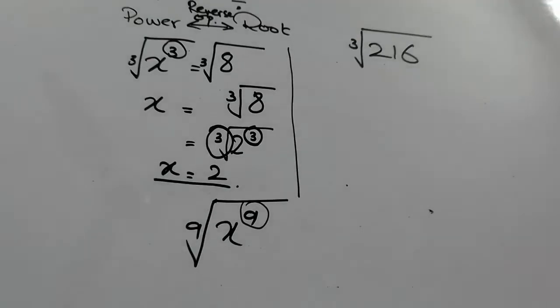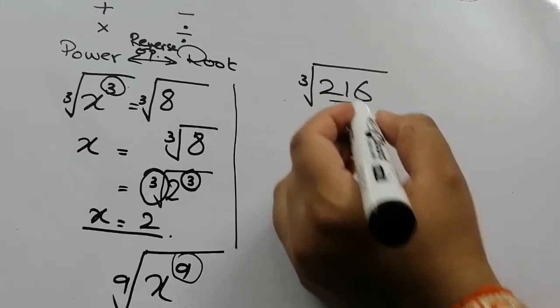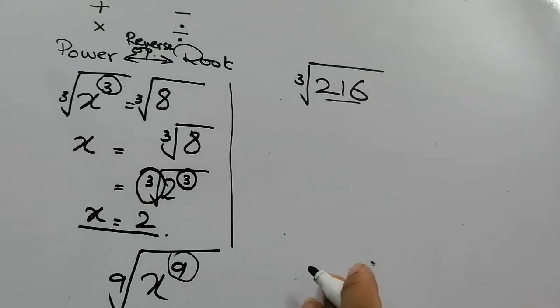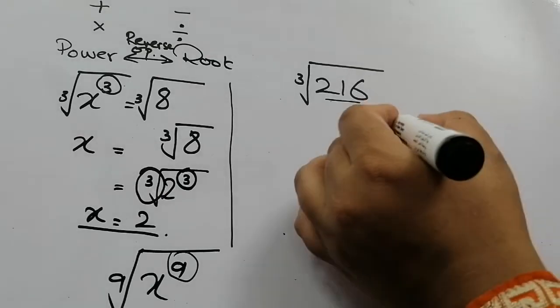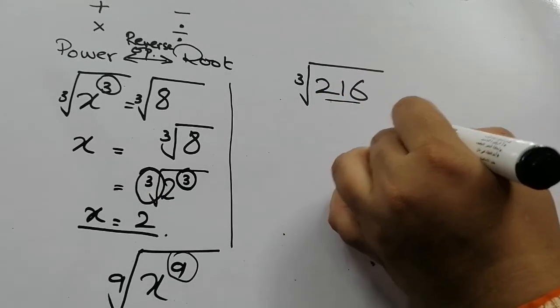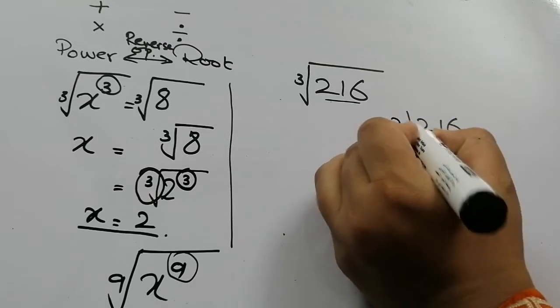So let's solve this cube root of 216. To solve it, first I need to write 216 in the form of a cube number. For that, if I don't recall it, I can always do prime factorization. So 216 is divisible by 2.